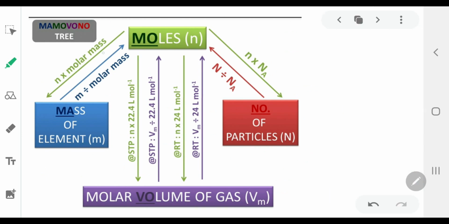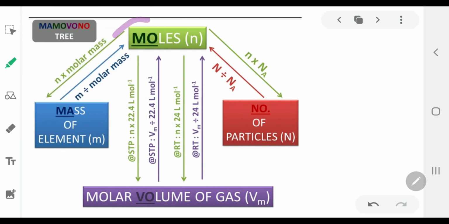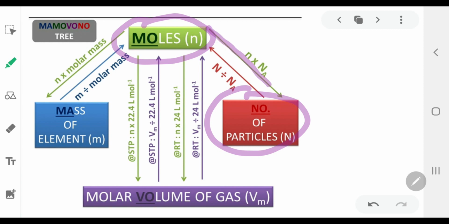When you look at this mole tree, you have this mole over here, and we want to find the number of particles, because we need to find out how many N2 molecules are in that sample. To do that, we need to follow this path.